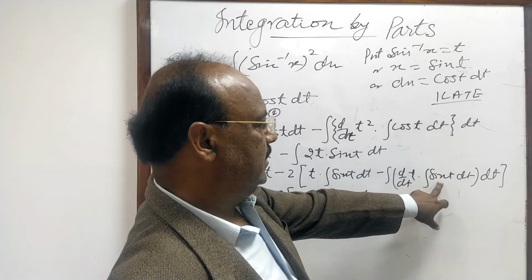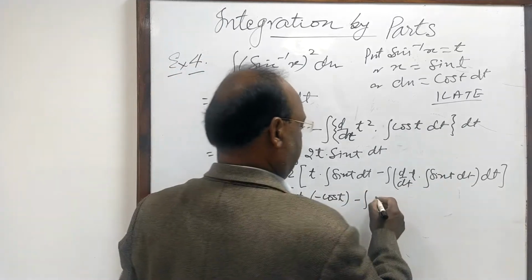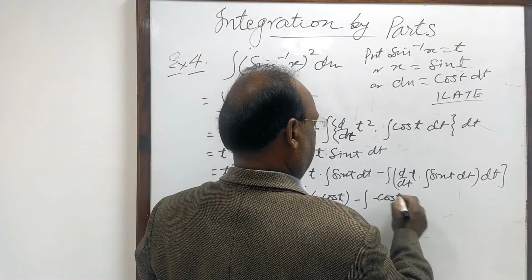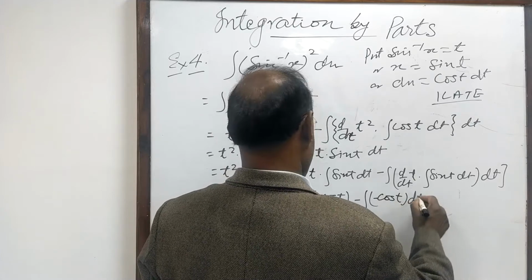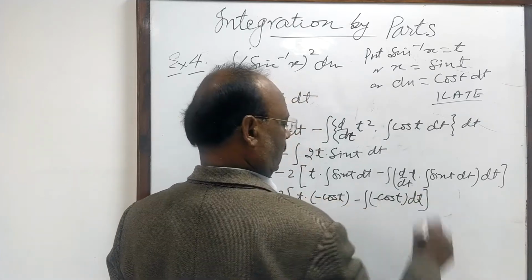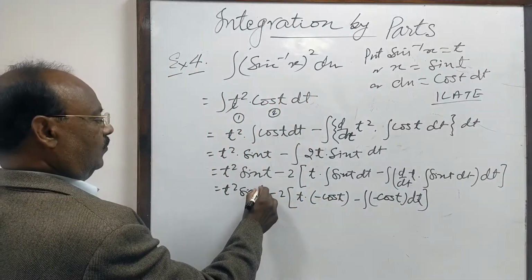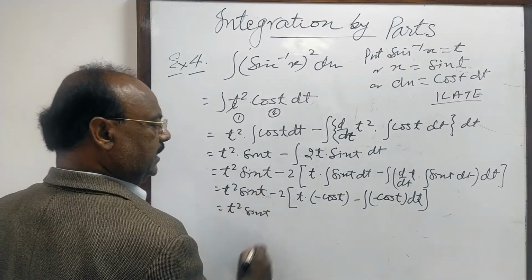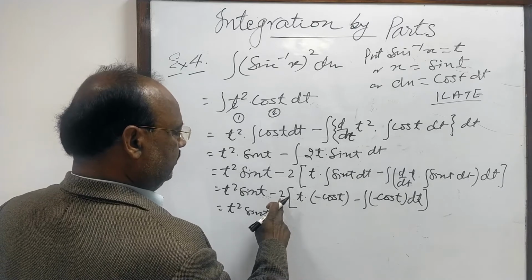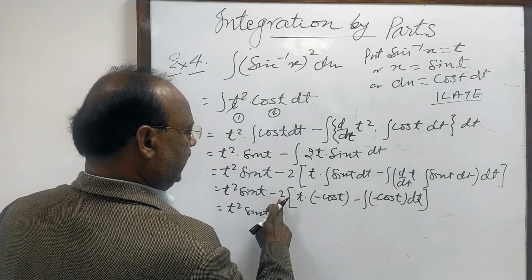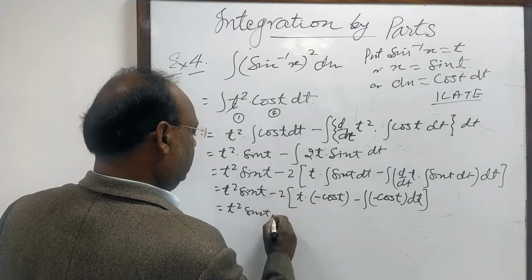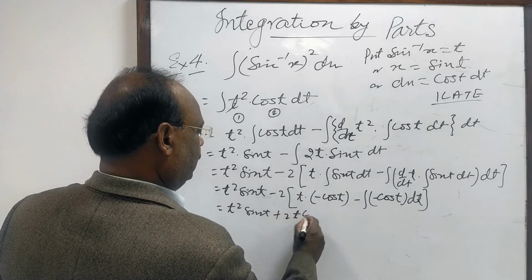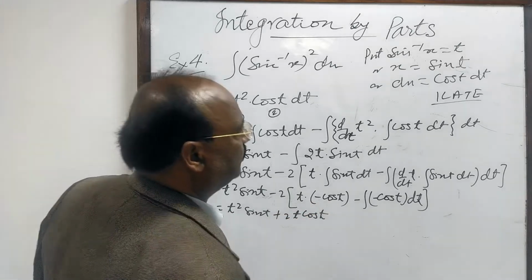Okay, and this integral is minus of cos t, minus of cos t and dt. Next step, this is t square sine of t, we can multiply it. So this minus 2t into minus cos t plus 2t cos of t.